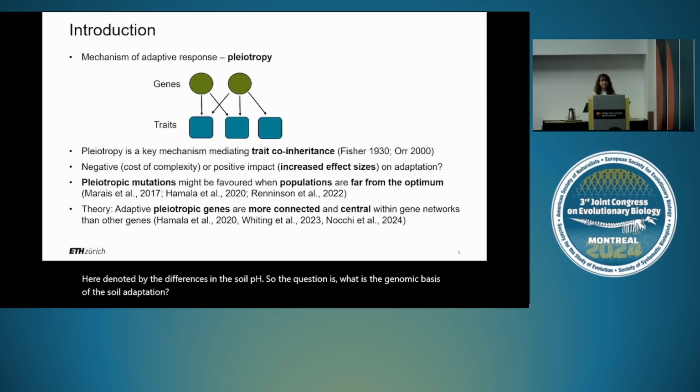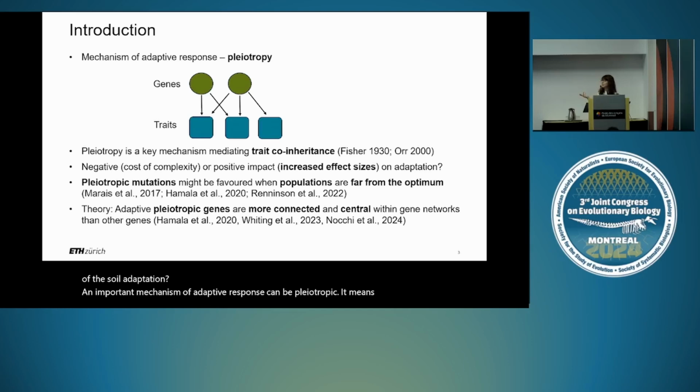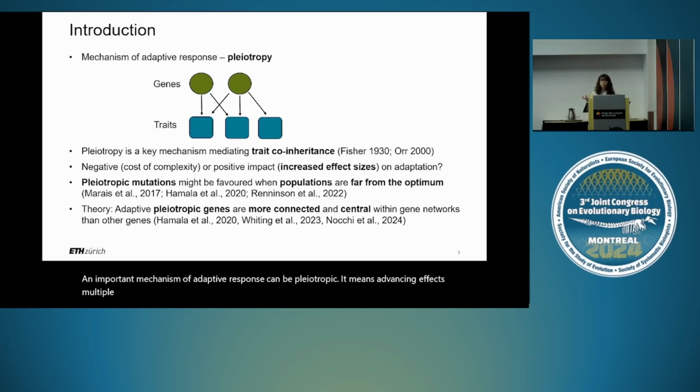An important mechanism of adaptive response can be pleiotropy. It means that one gene affects multiple traits. Therefore, pleiotropy is a key mechanism mediating trait co-inheritance. The traditional view on pleiotropy is actually that it has negative effects on adaptation, imposing a cost of complexity.